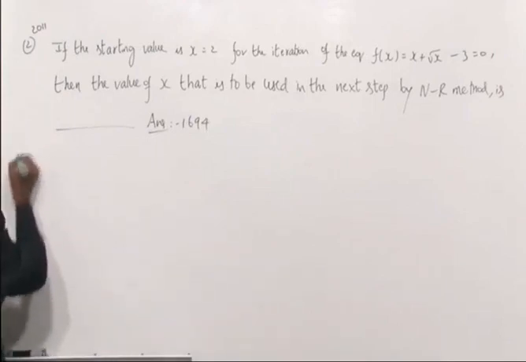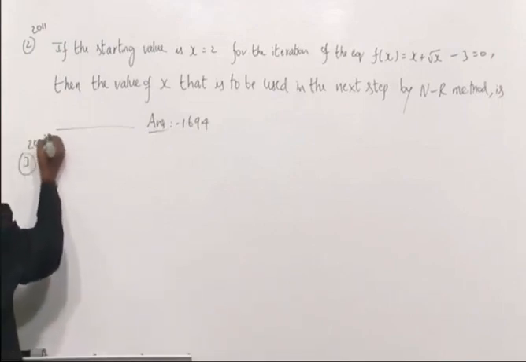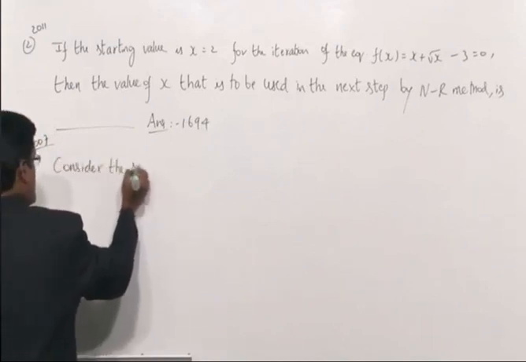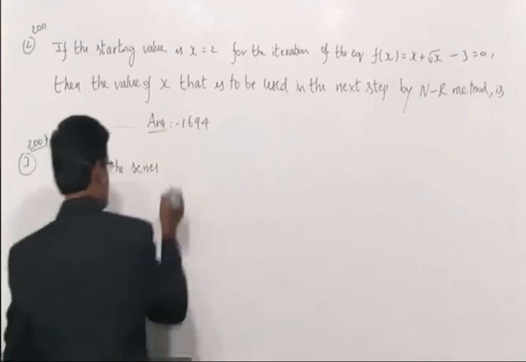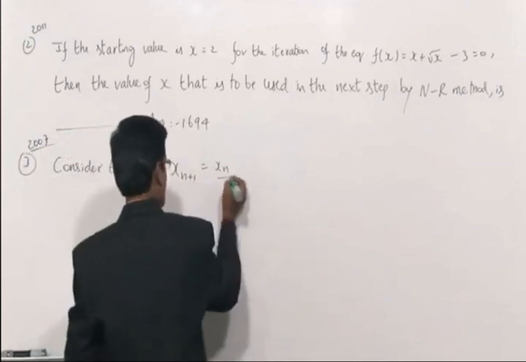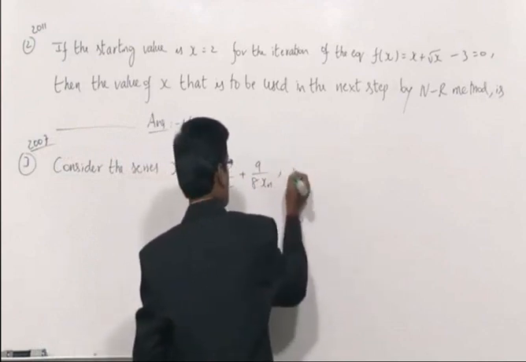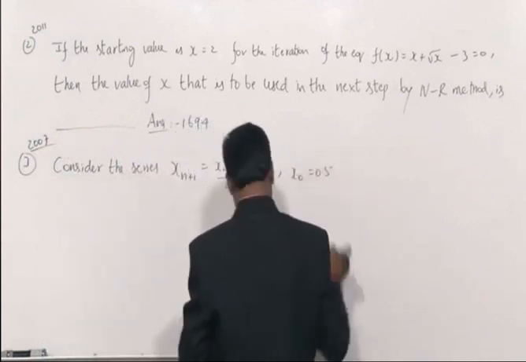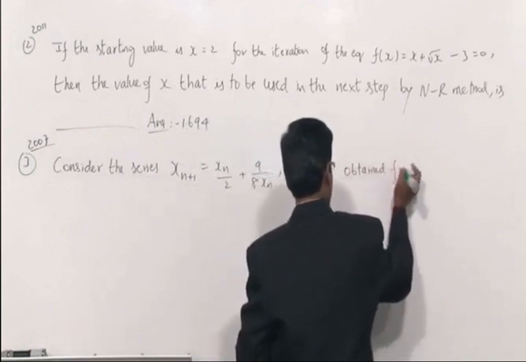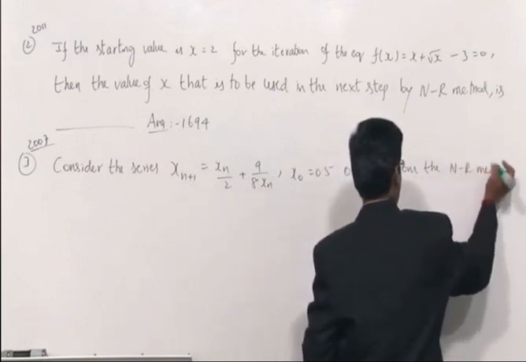Next, third example, which is given 2007. Consider the series xn plus 1 is equal to xn by 2 plus 9 by 8xn, x0 is equal to 0.5, obtained from the NR method, Newton-Raphson method.